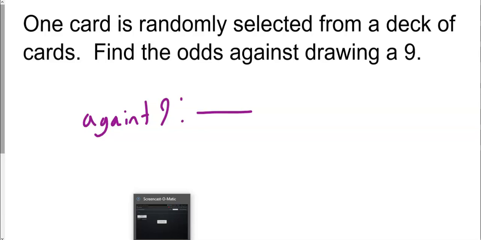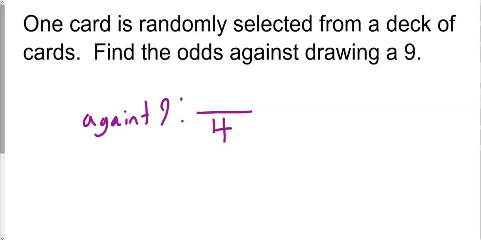So how can I win? Well, how many cards are there that are 9s? There are 4. How many cards are there that are not 9? So remember that trick I just taught you. Take the total minus what you want, or the ways to win. So that's 52 minus 4. So that gives you 48 over 4.